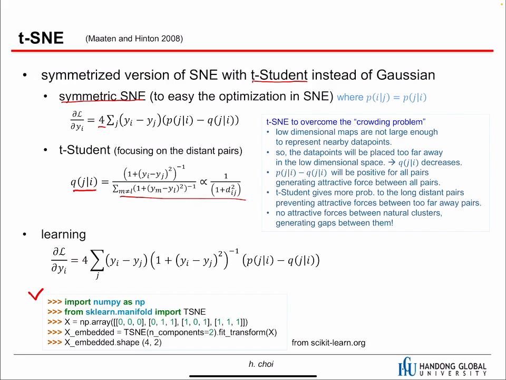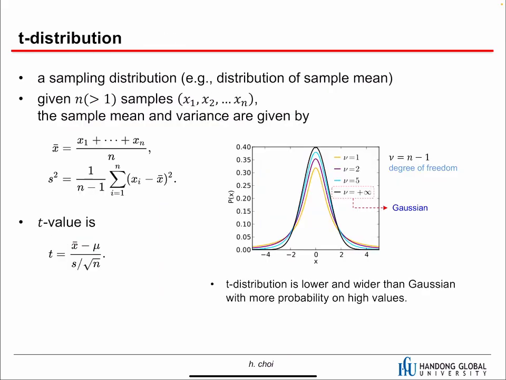So let's talk about the t-distribution first. The t-distribution is a sampling distribution, like a distribution of the sample mean. Given n samples, the sample mean and the variance are given by this. I think you're already familiar with these definitions. The sample mean is just the average, and the sample variance can be calculated in this way.